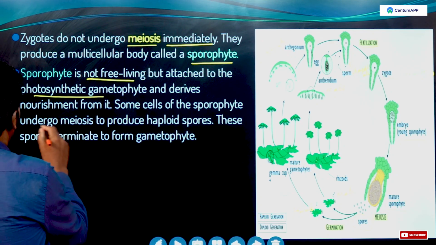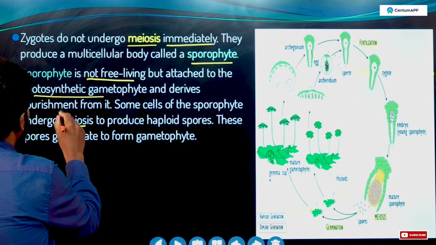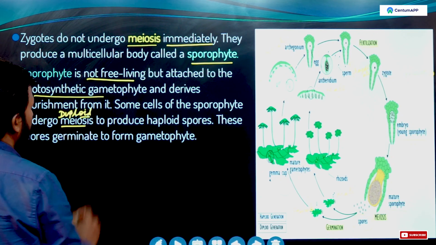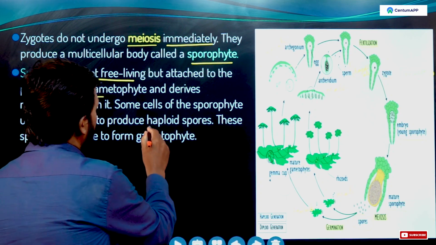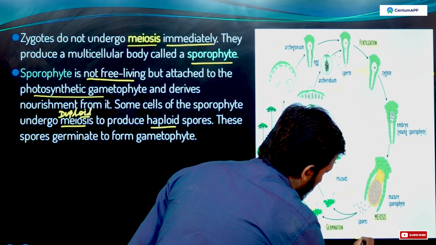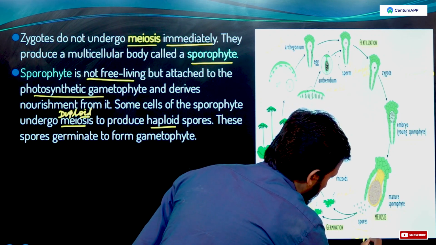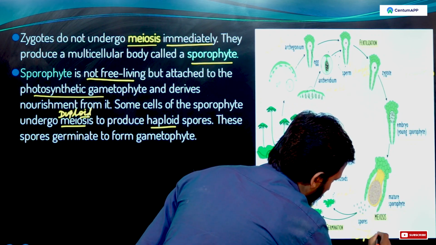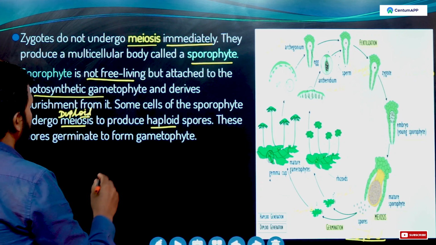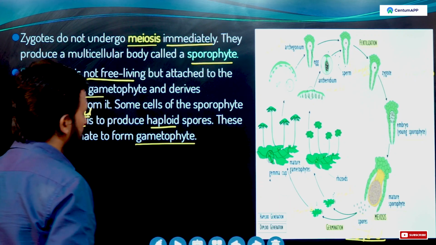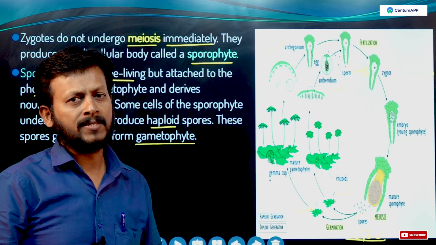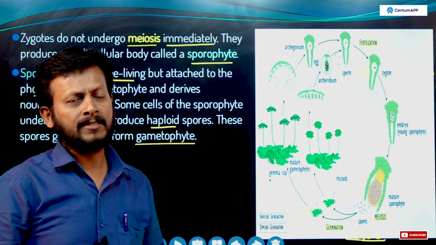Meiosis occurs in the diploid stage, after which spores are produced, which are haploid. The haploid spores finally form a gametophyte. That's why all bryophytes are called gametophytic generations.